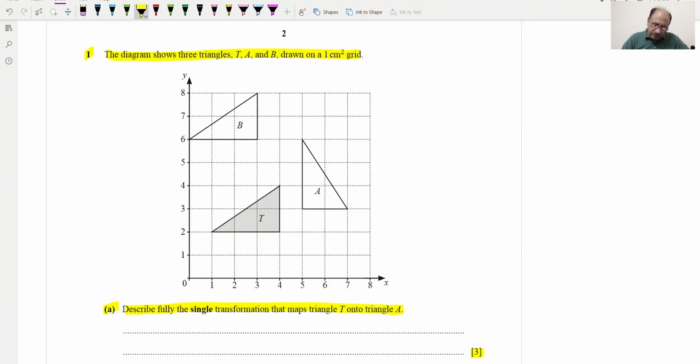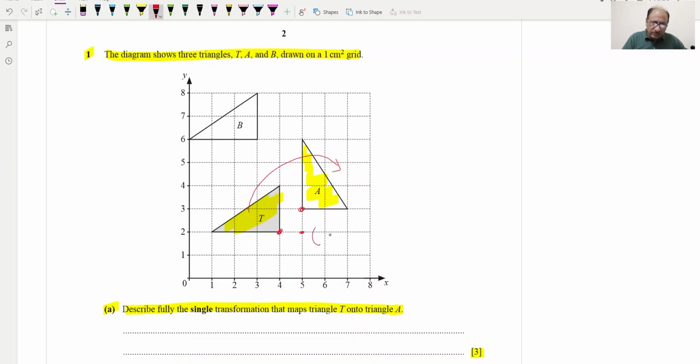Triangle T is this one, and we have to check on this. So basically this is rotating. We can figure out this side is rotating to this side, and this point is moving to this point, and this is the center of rotation, and you can even check with the tracing paper also.